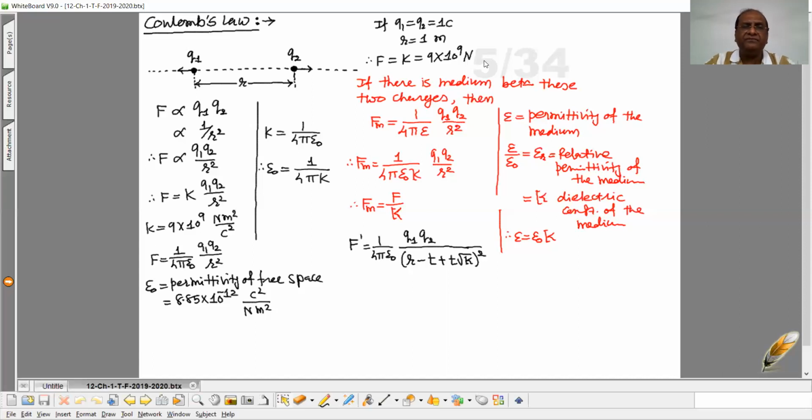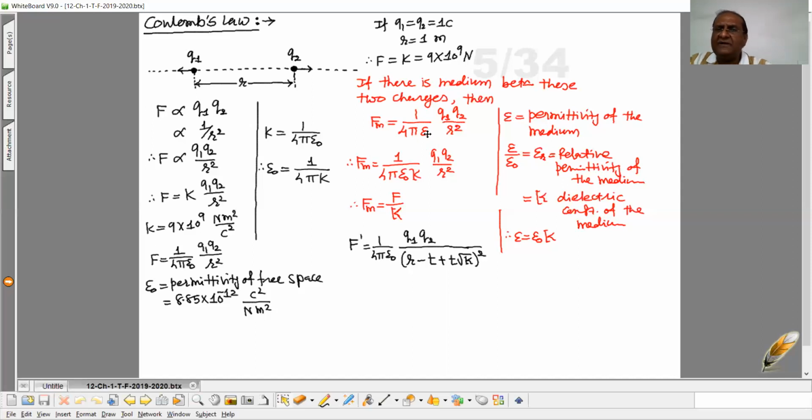Clear? Now, say the charges Q1 and Q2 are in some medium, meaning between these two there is some medium. If the medium is not there and free space is there, then the permittivity of free space appears. But if a medium is there between two charges, then very simply, we have to introduce the permittivity of that particular medium.